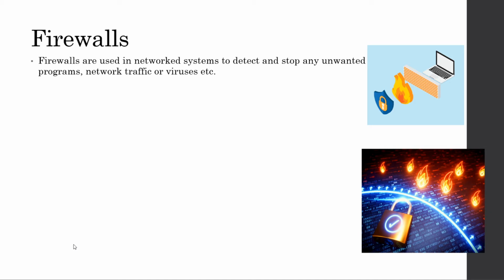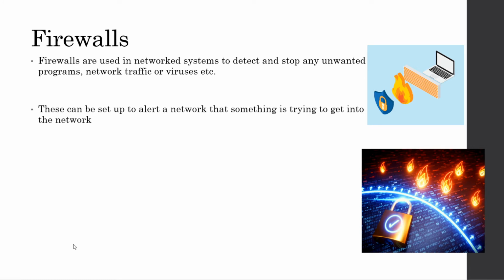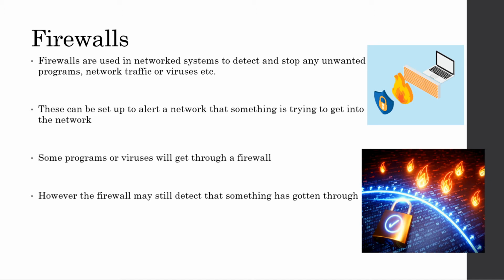Obviously, it might not work all the time, might not be able to stop it, so it might just alert anything on the network. It might alert the domain controller or network administrator saying something's tried getting in, or it's already got past, and we have to try and stop it. So you can't just use firewalls as the be-all and end-all of protecting your network.